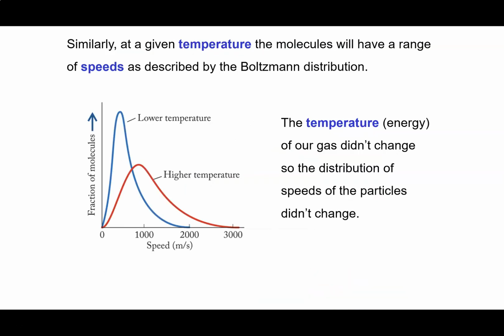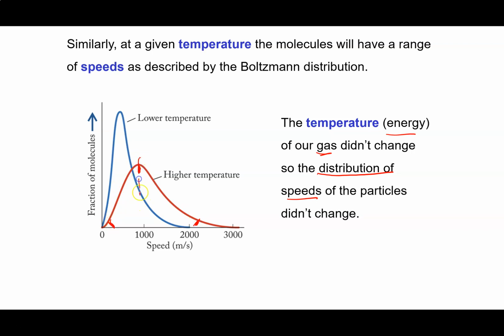So what does change? Does the speed change? Well, at a given temperature, the energy of our gas is fixed, so we will have a fixed distribution of speeds. We know that for a gas at a given temperature, there will be some particles that are moving very quickly, some that are moving slowly.